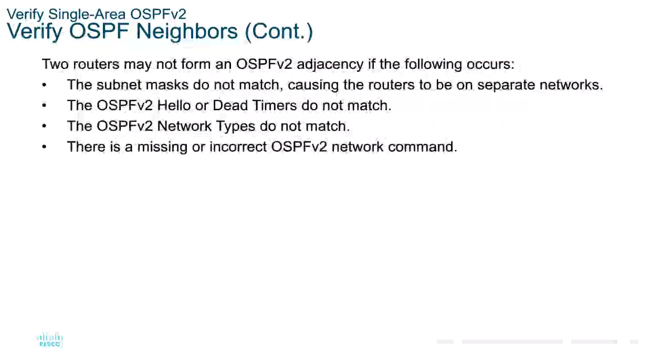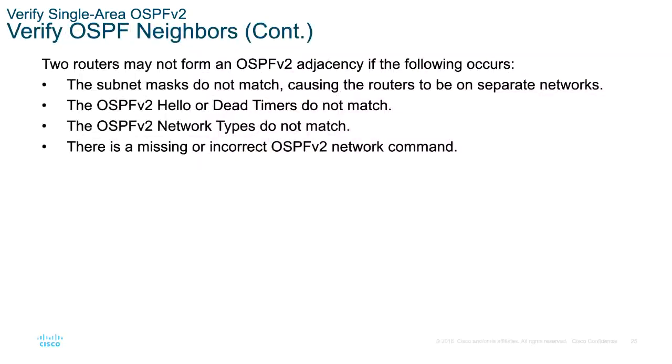Now, reasons why neighbours will not form. Subnet masks don't match, so therefore they're not on the same network. The hello timers and dead timers do not match, so they will not talk to each other. We have a difference in network type, so point-to-point and broadcast are not compatible with each other. And you're missing some of the commands.